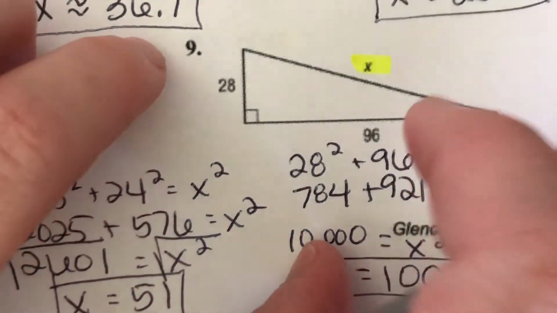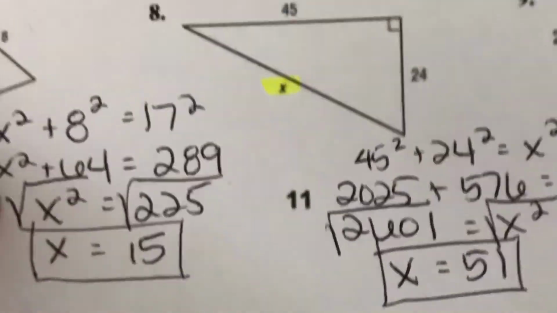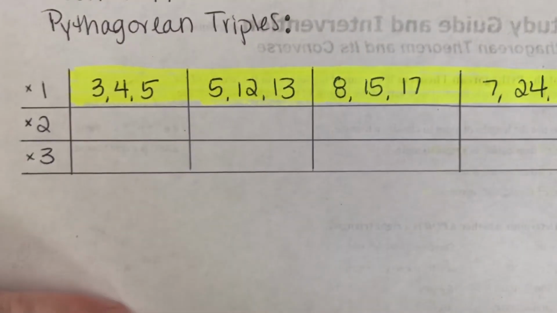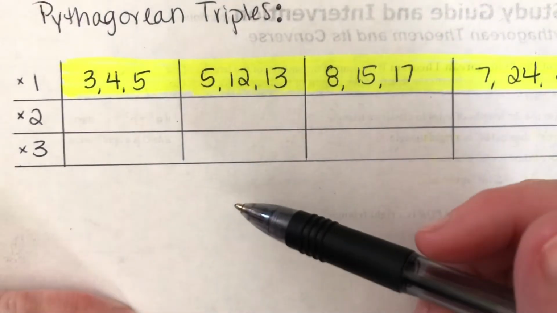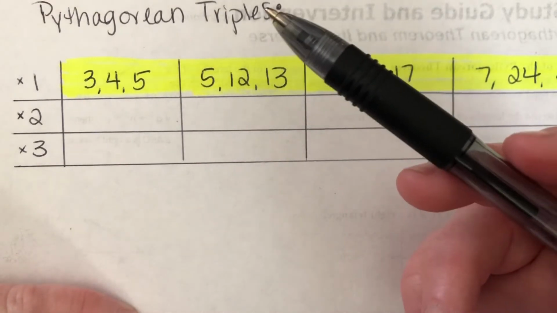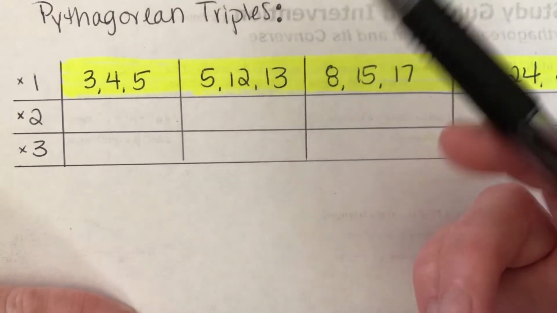All right, so here's what I wanted to show you, and this is all in one video. We finished the front side. Something called a Pythagorean triple. Okay, so we have this little chart. Let me back up. Pythagorean triples are basically when you have whole numbers that all three make up the sides of a right triangle, right? Without having any decimals.